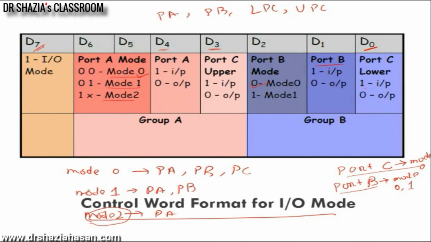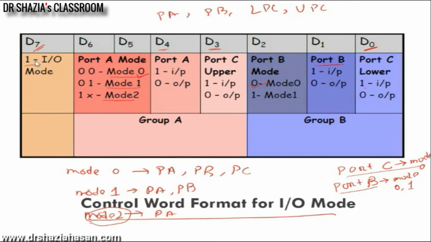Then comes your last bit, the D7 bit. The D7 bit must be high whenever we are programming 8255. To write a control word, D7 must be high. If the D7 bit goes low, we are transferring some information to port C alone. That is not programming 8255. That is BSR mode, bit set reset mode of operation, which we will see later.